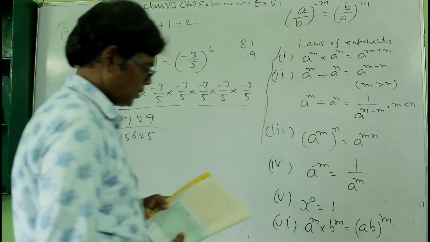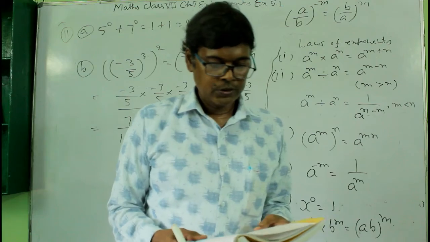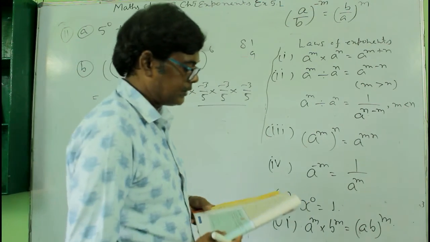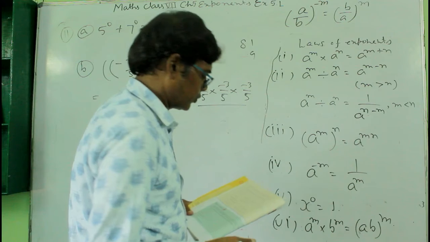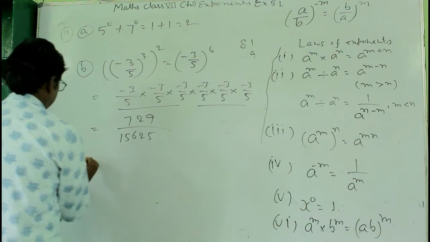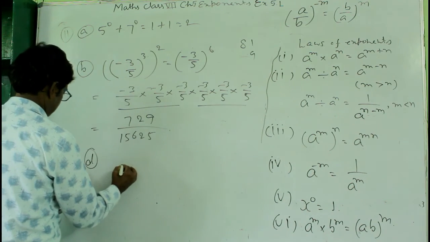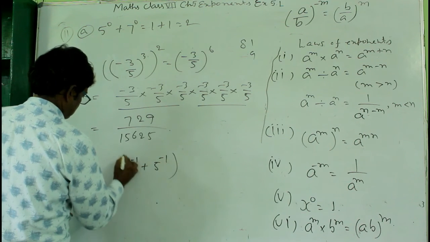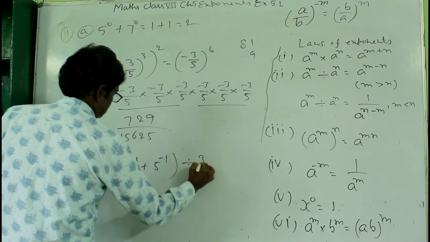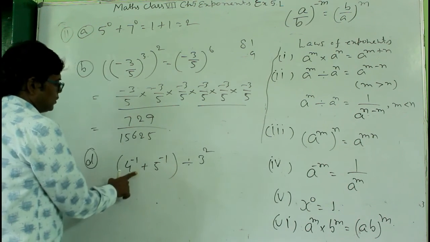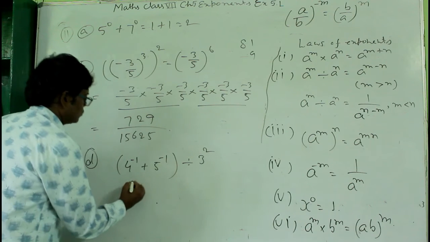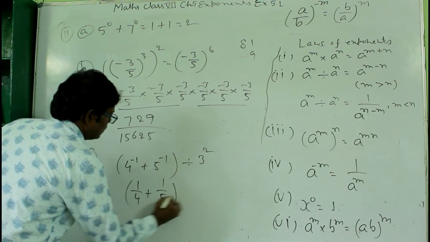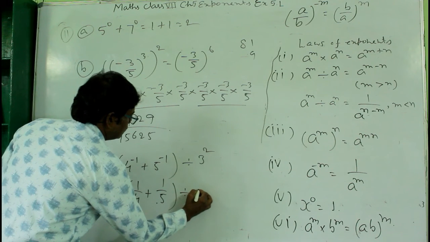Now similarly you can solve other questions. Okay, you will try to solve the questions. I think I should do one more question. Okay, number D. So it will be 4 to the power minus 1, so it will be equal to 1 by 4, and this will be equal to 1 by 5 divided by 9.